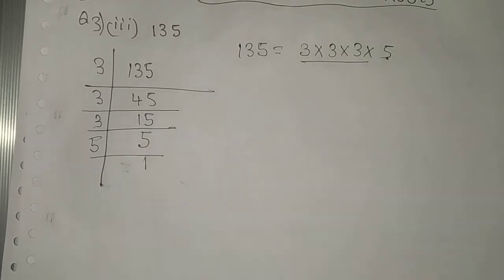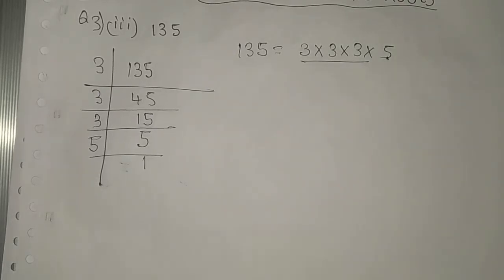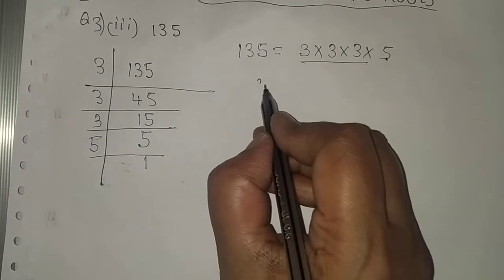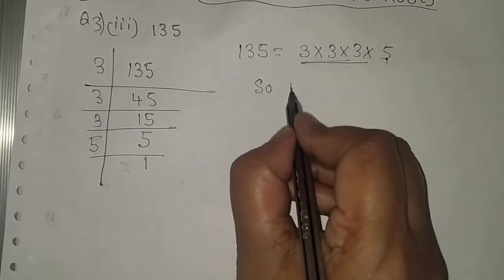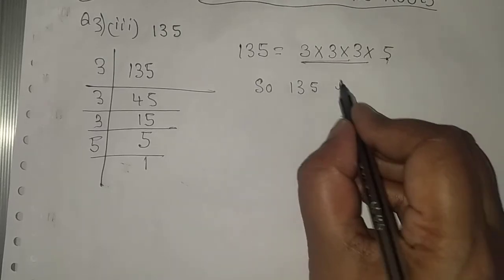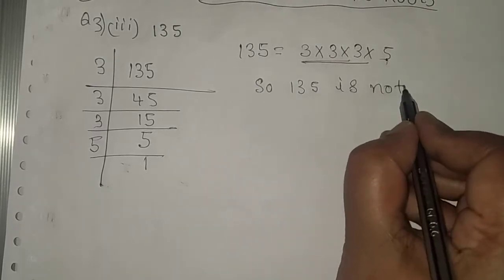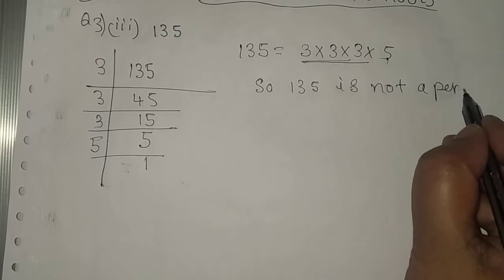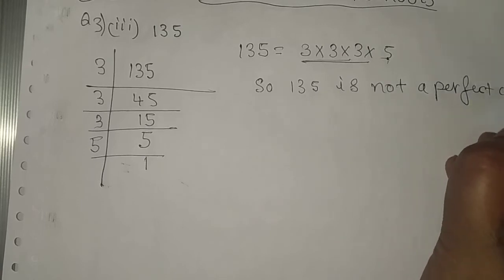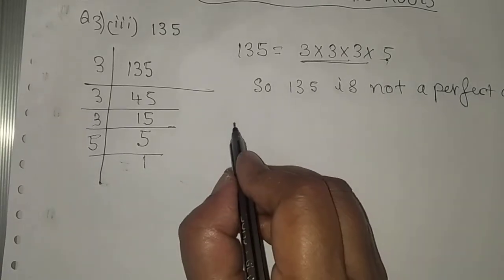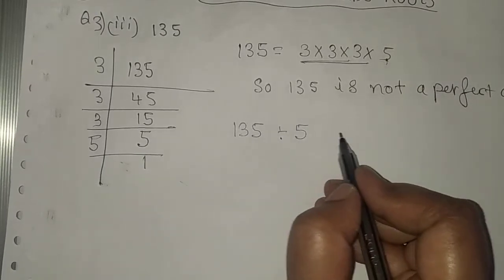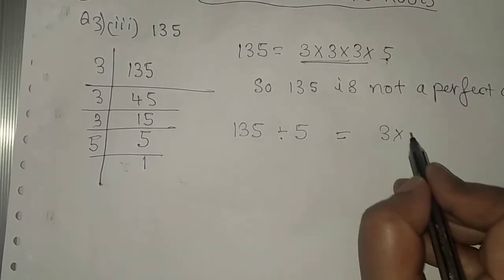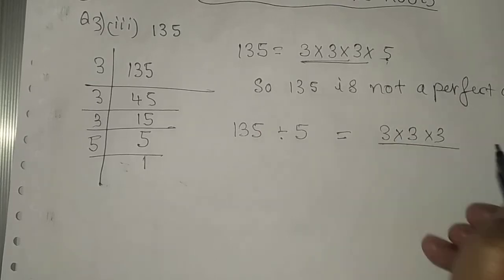So 1 triplet we are getting, 5 is remaining. So 135 is not a perfect cube. To make it a perfect cube, 135 should be divided by 5. Then 3 into 3 into 3 remains.